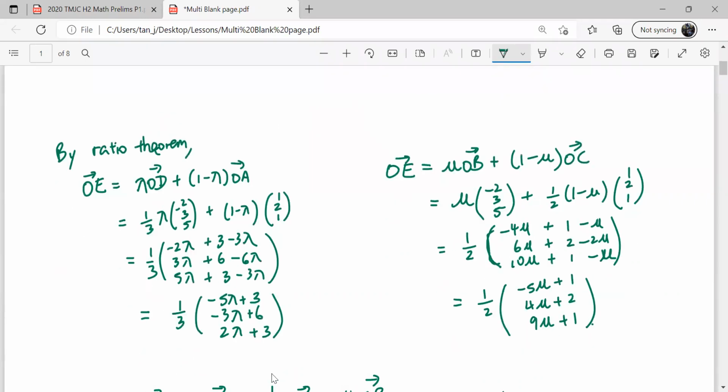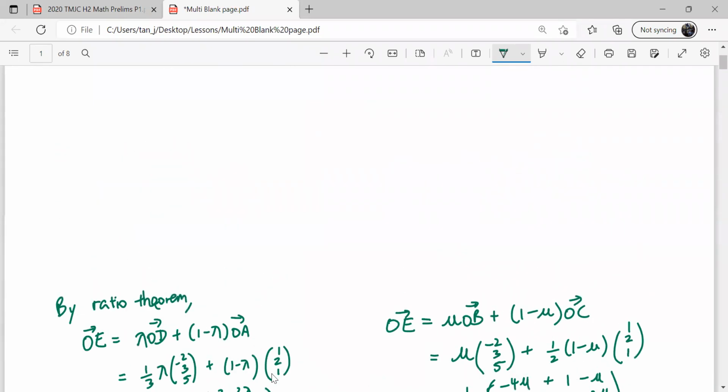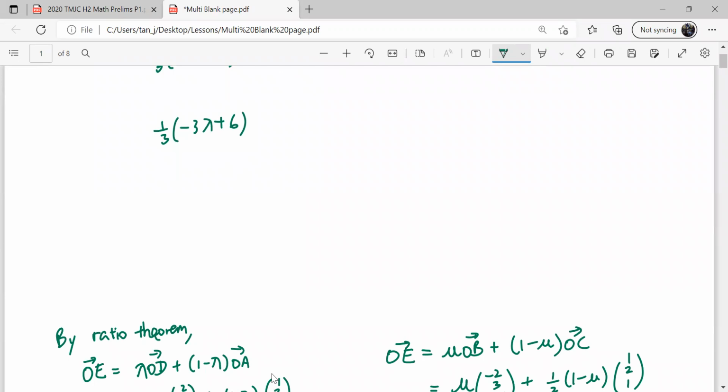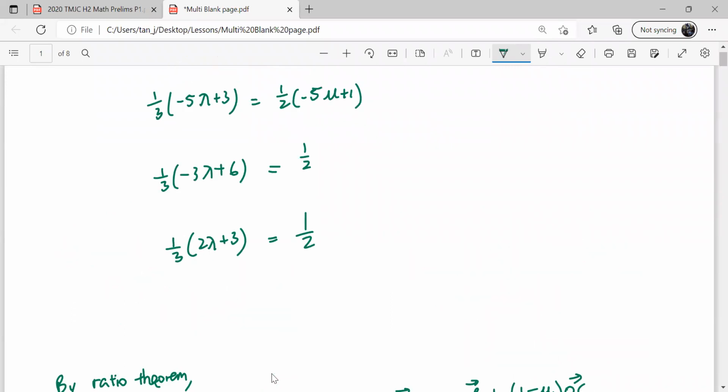Then we have minus 3 lambda plus 6, then 2 lambda plus 3, equals half 4 mu plus 2, 9 mu plus 1.